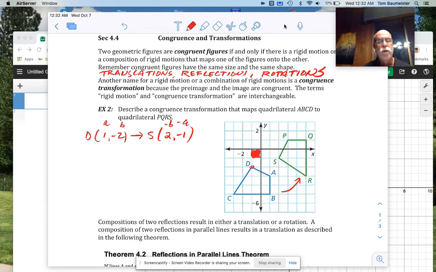So if you recall from yesterday, either rotate it counterclockwise, which is what the arrow is showing there, and look at what we did yesterday. You should see that it's a 90-degree rotation about the origin.